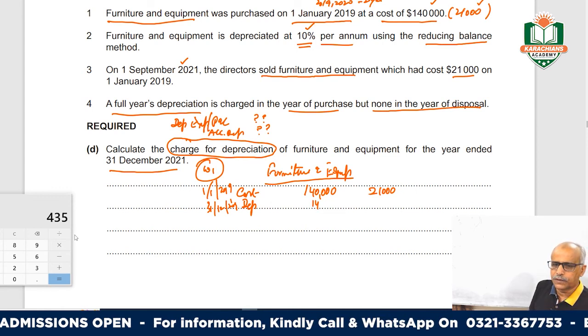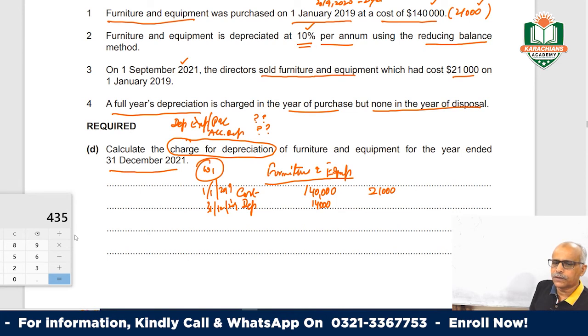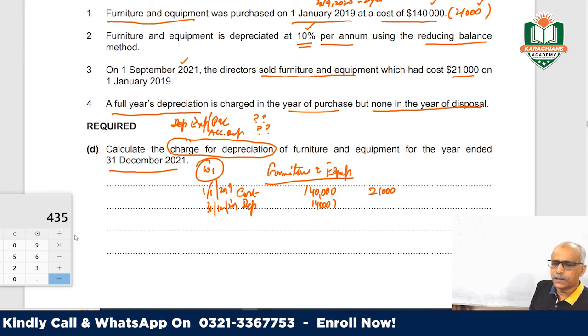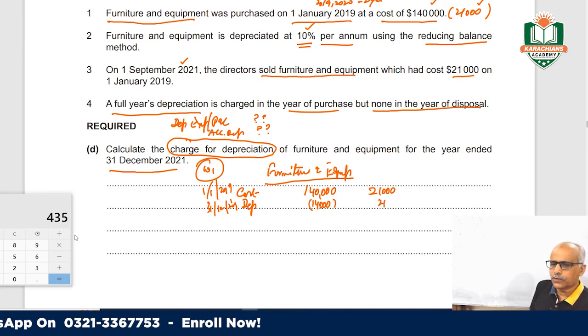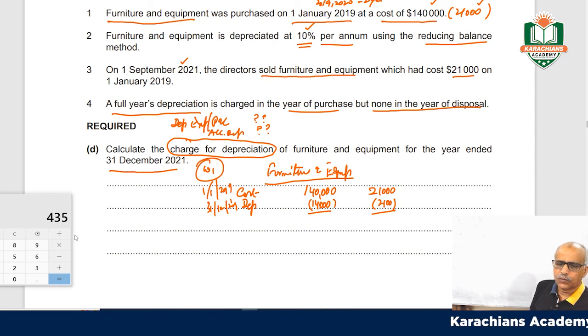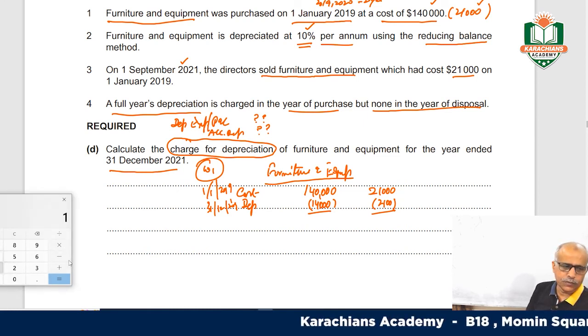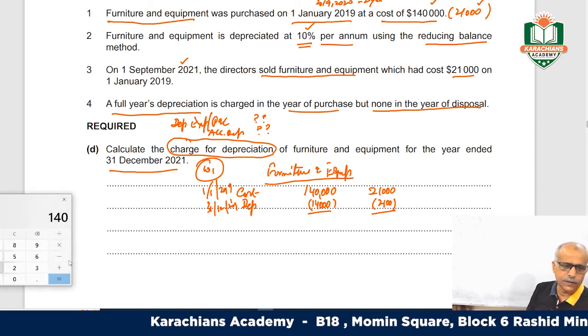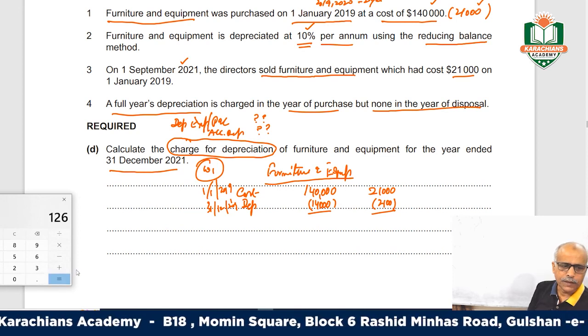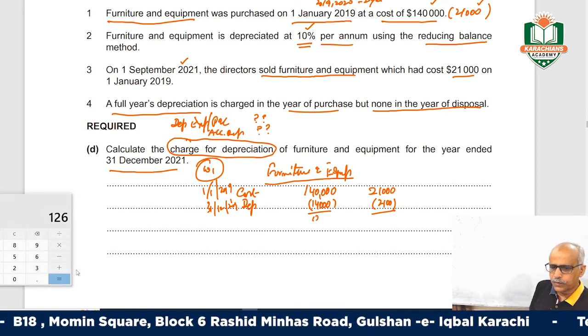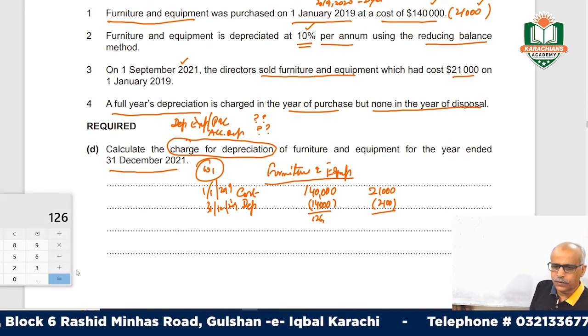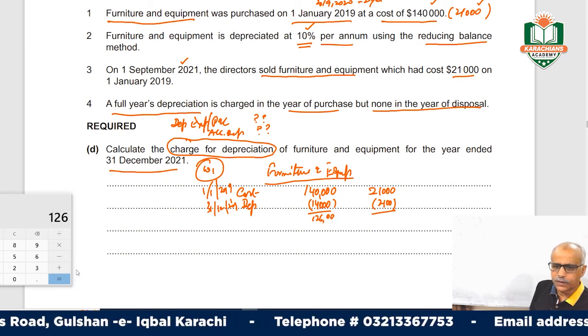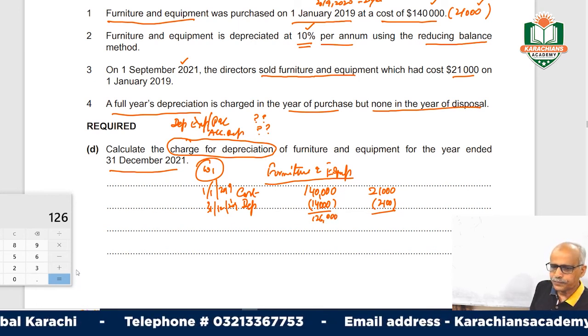So its depreciation would be 14,000, and in this 14,000, 2,100 would be the depreciation on the 21,000. So what will be its value? 140 minus 14, so the book value for next year would be 126,000, right?